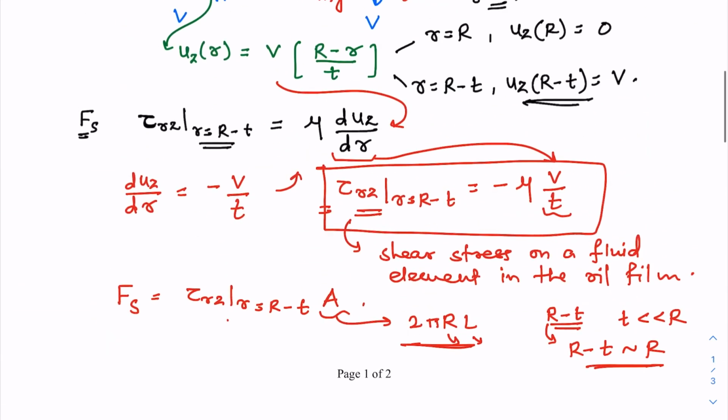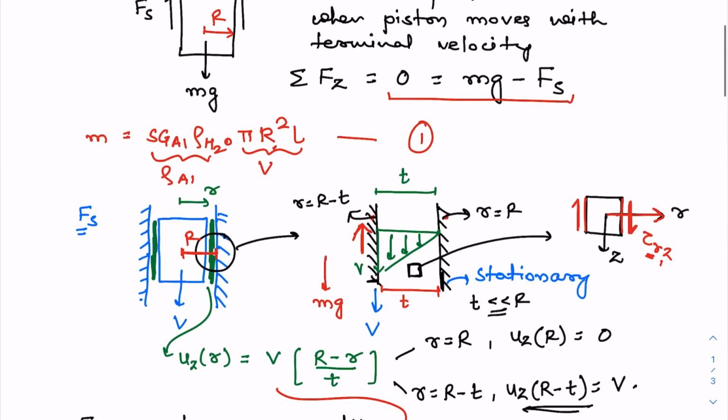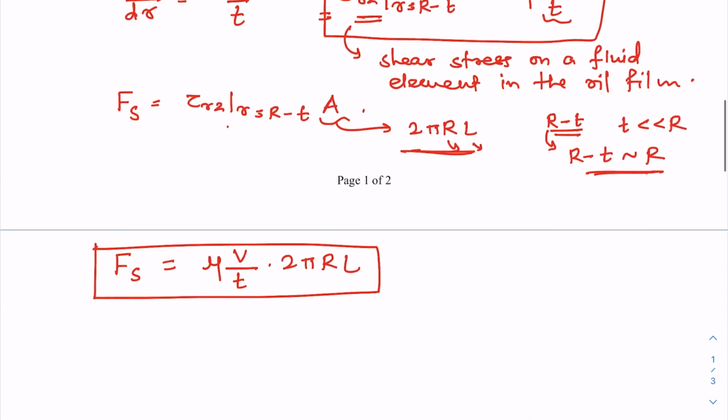So now from our force balance, we know that weight minus the shear force is equal to 0.